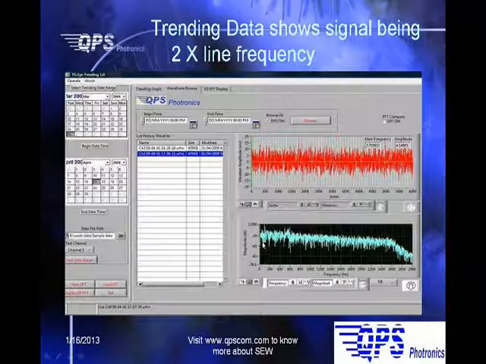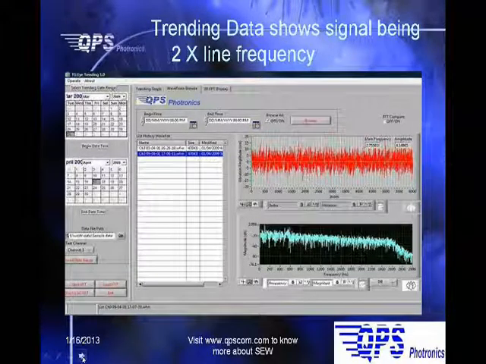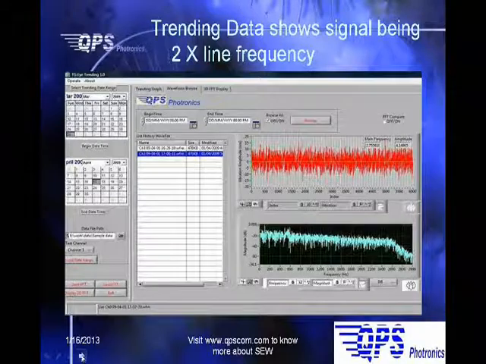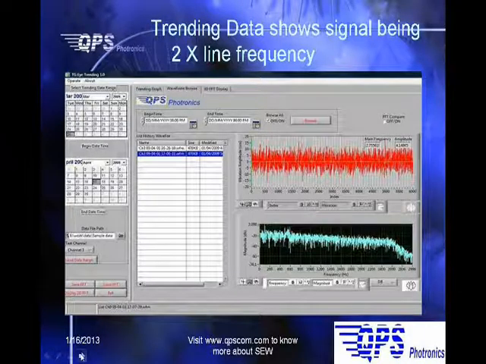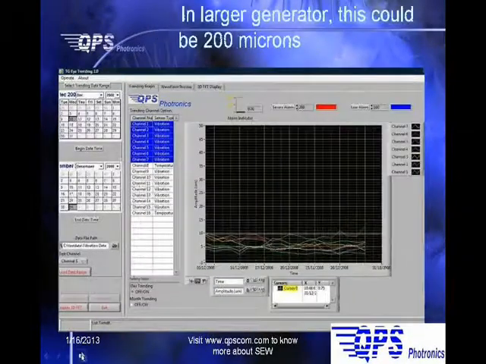Since the example came from India, it falls exactly at 2 times the line frequency of 50 Hertz, which is 100 Hertz. So there you go. This is further proof that SEW is dependent on the line frequency and is quite consistent.